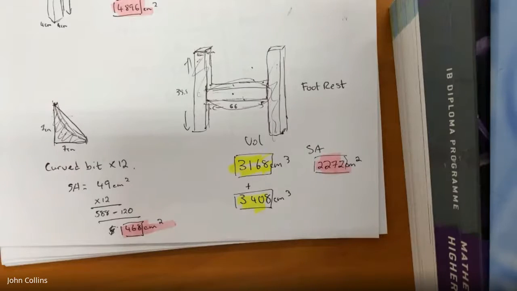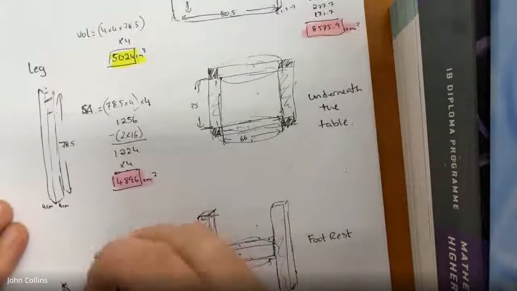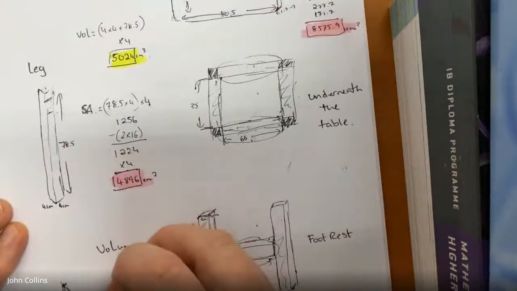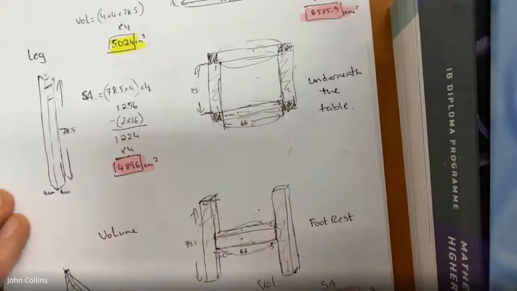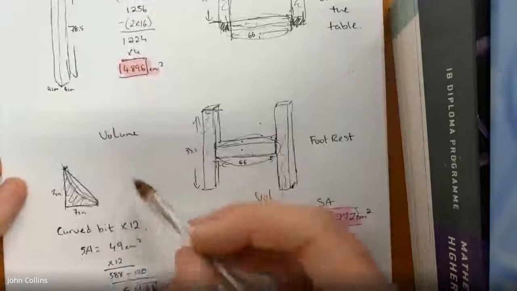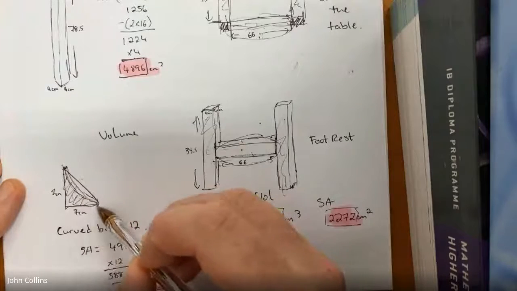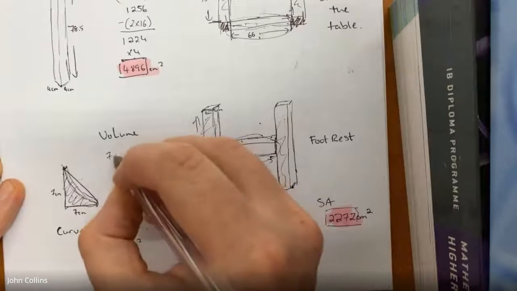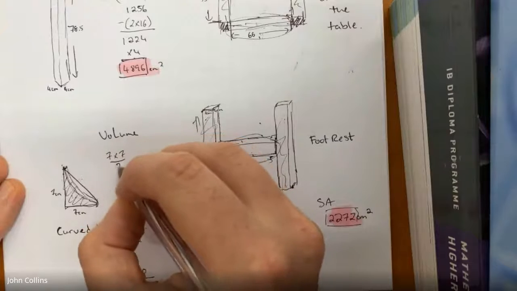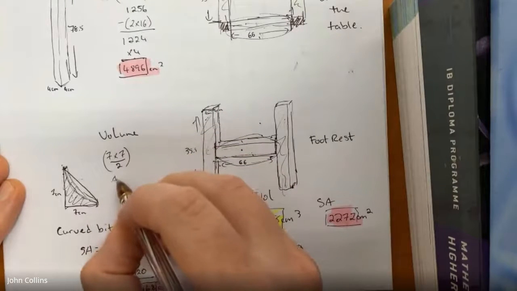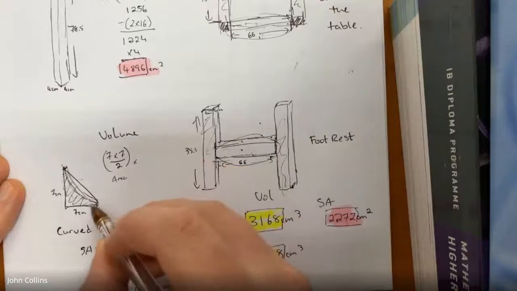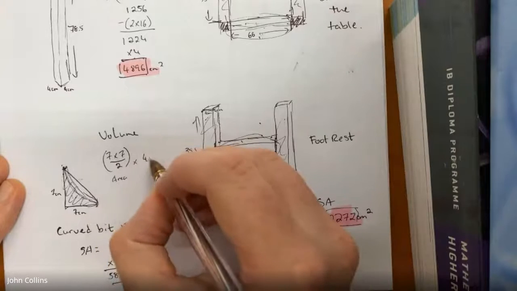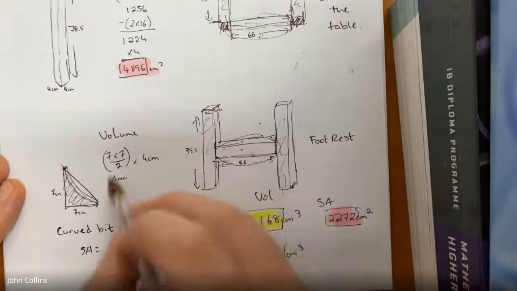And now we need to finish off and get the volume of the curvy bit. Now that we treat it as a prism, the area of the front section is going to be 7 times 7 divided by 2. That's the area of the front section. And if I multiply it by how deep it is, and it's 4 centimeters deep, that will get me the volume of one of these.